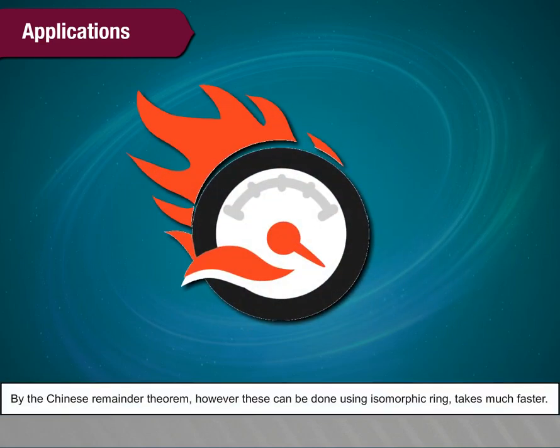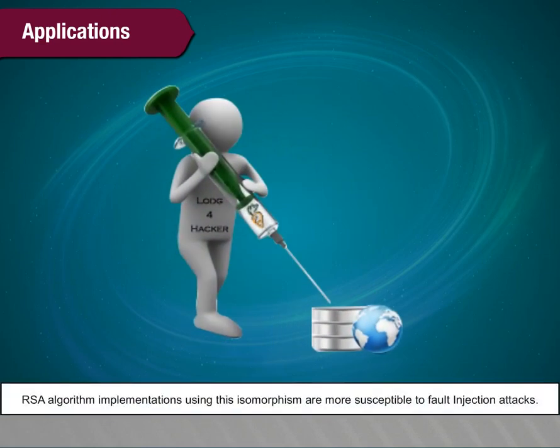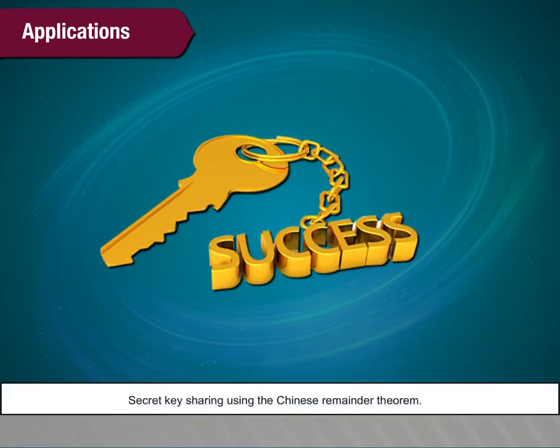By the Chinese remainder theorem, however, these can be done using an isomorphic ring, which is much faster. RSA implementations using this isomorphism are more susceptible to fault injection attacks. Secret key sharing using the Chinese remainder theorem.